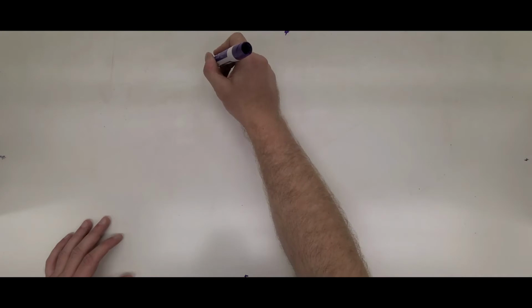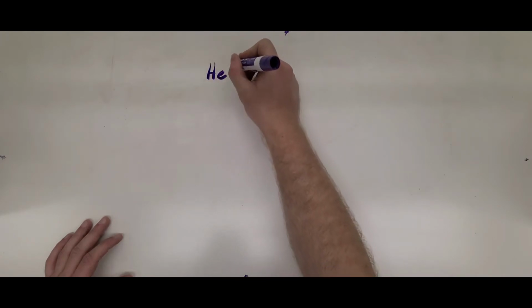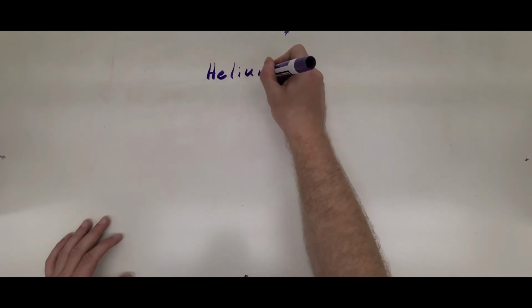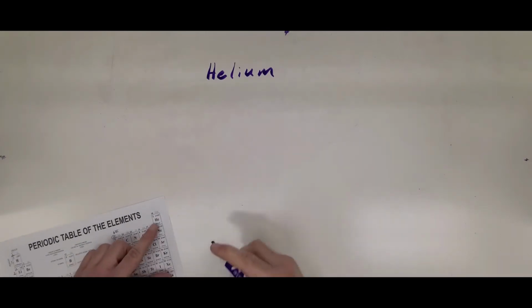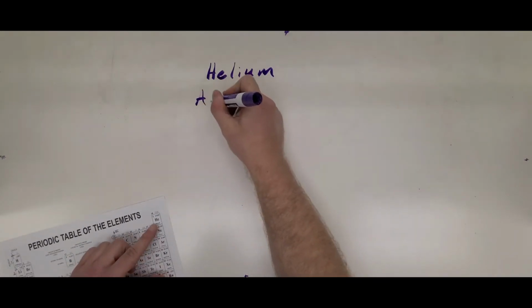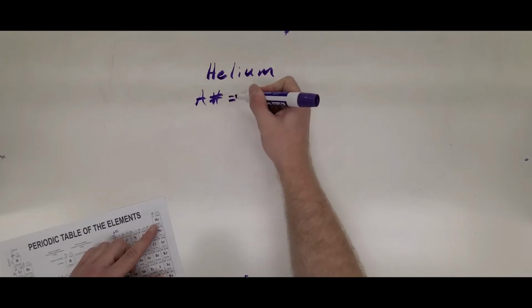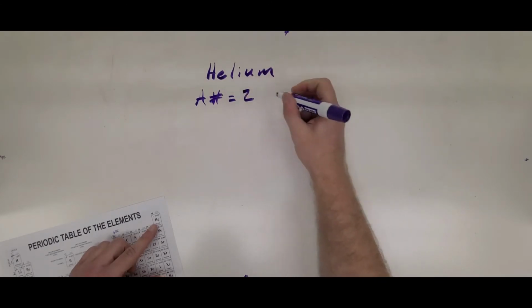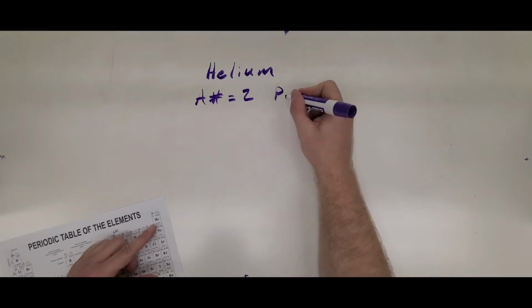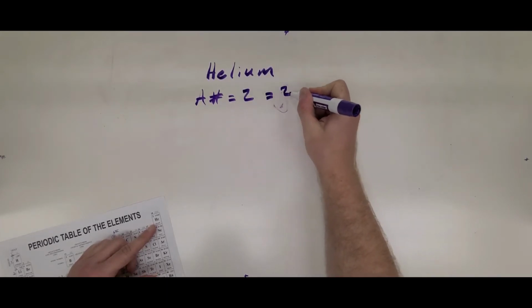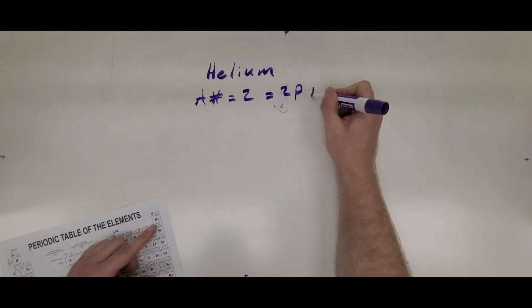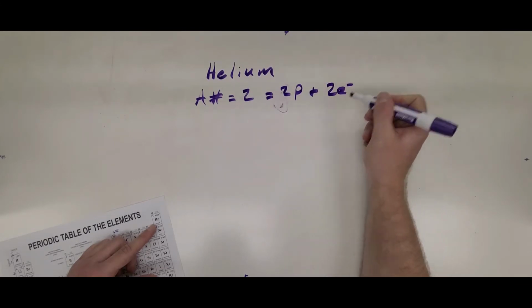If you have your periodic table handy or one that you can look up, go ahead and look it up really quickly so we can look up that information. I'm going to use my tiny one over here off to the side. Helium has an atomic number of 2. That means helium has 2 protons and 2 electrons.